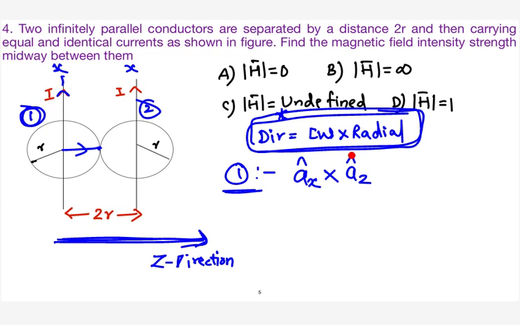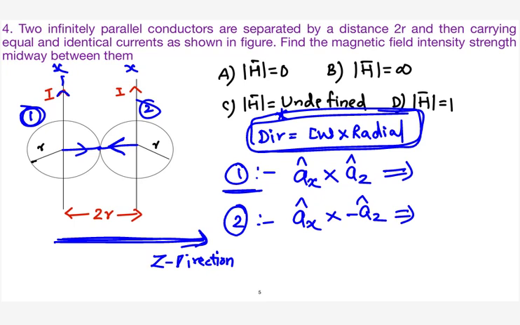And what will be the magnetic field intensity due to the second wire? The current is flowing in the same direction, aX. And this time, the radial direction will be what? Source to observer, you are moving in this direction. It will be aX cross minus aZ. Now you can see here, you are going to get negative Y and positive Y. So the resultant will be straight away 0.